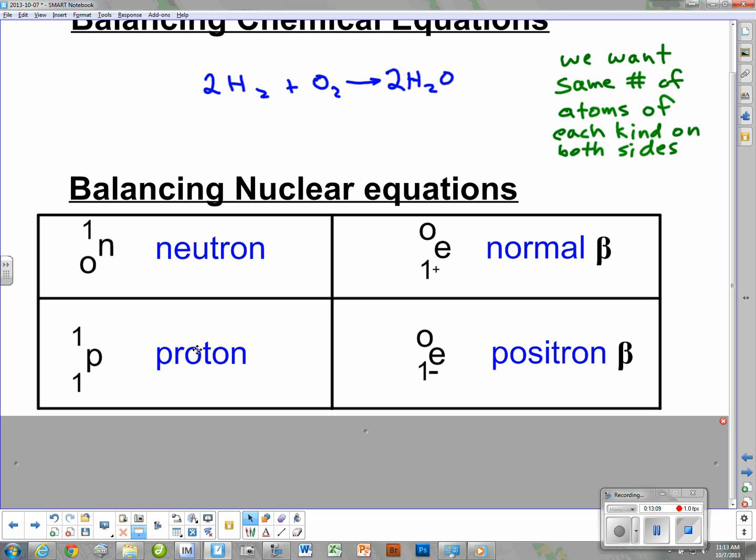A proton has a mass number of 1 and a charge of 1 plus. Okay, so I've added the positive charge in. So for a proton, we have a 1 mass number and a 1 plus charge. Electrons, or the normal beta particle, is a 0 mass, essentially, not really 0, but a 0 mass, and a 1 plus charge.